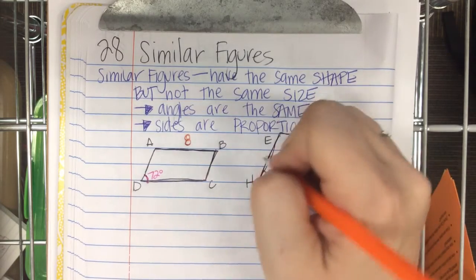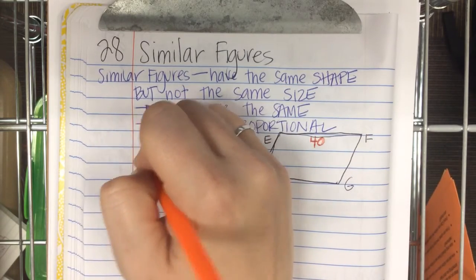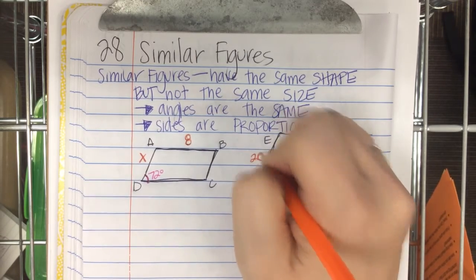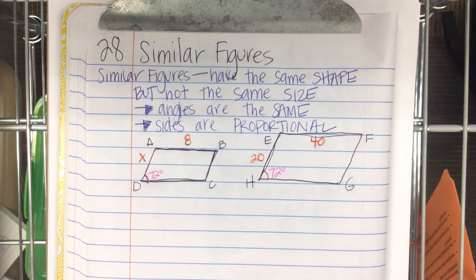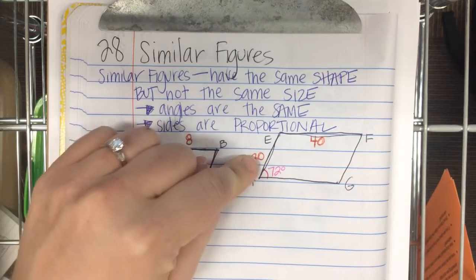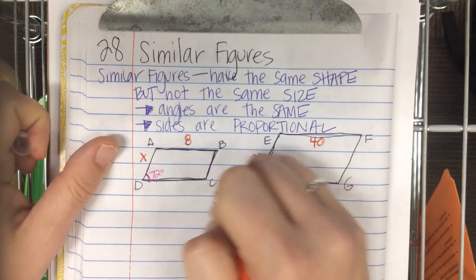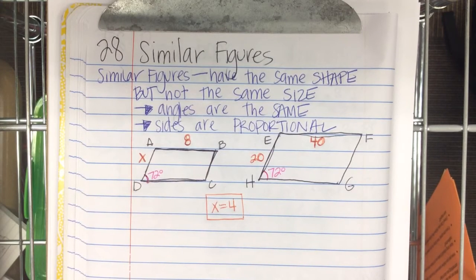So if this side is X, and this side is 20, what times 5 equals 20? 4.